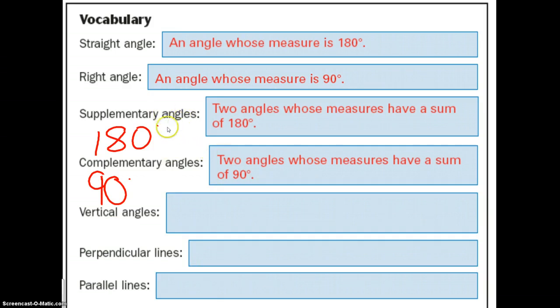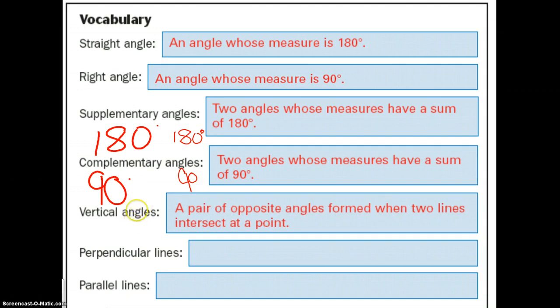Remember the difference between supplementary and complementary by the fact that supplementary has an S. When I connect the two ends of the S, it makes an 8, which is like 180 degrees. For complementary, it has a C. Connect the ends and bring it down, it looks like a 9, 90 degrees.